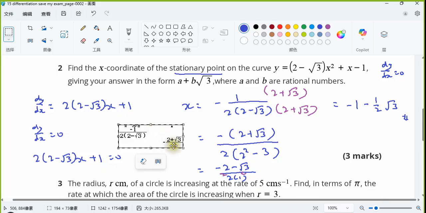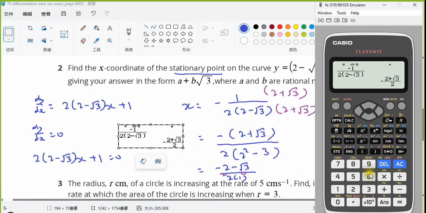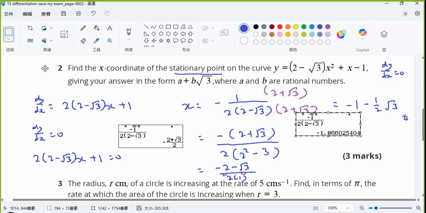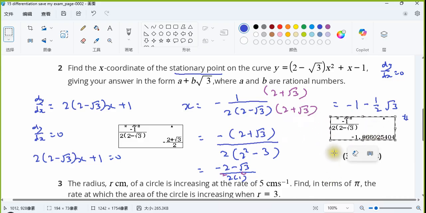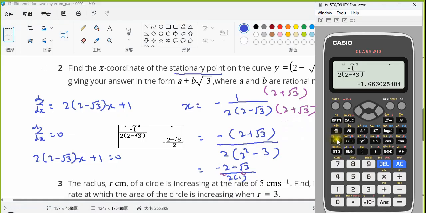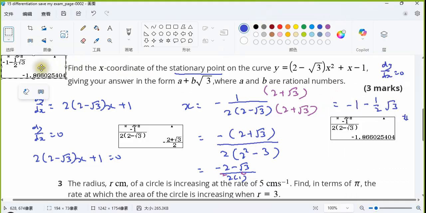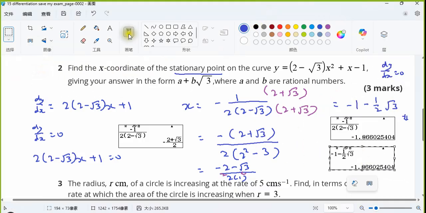So this negative 2 plus square root 3 over 2 is negative 1.866, and the final answer that I get is negative 1 minus 1 over 2 times the square root of 3, then same. Yes. Okay.